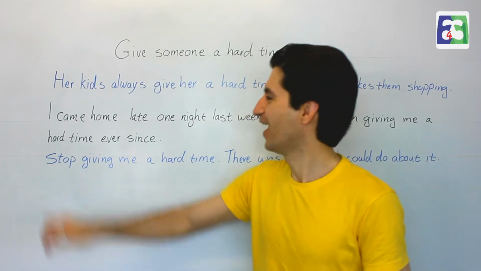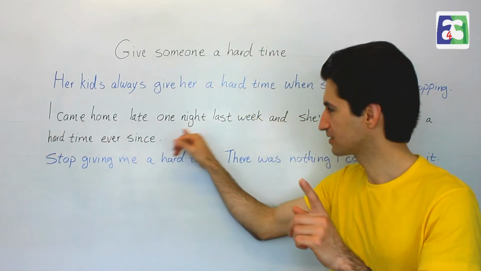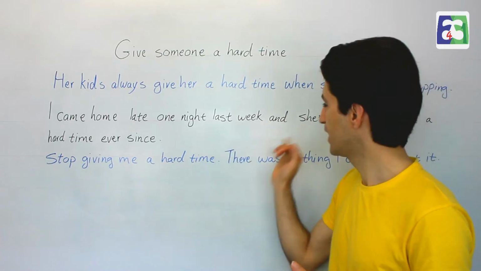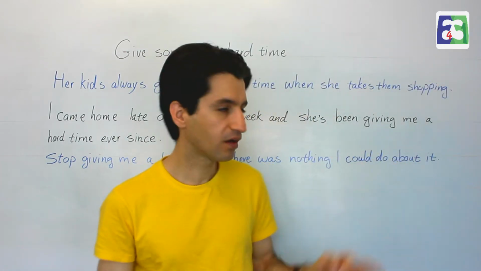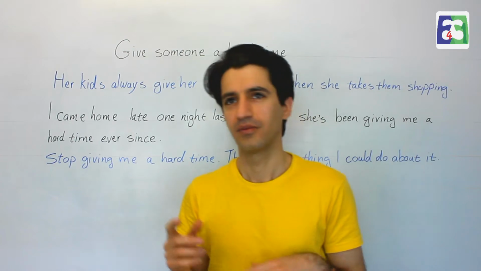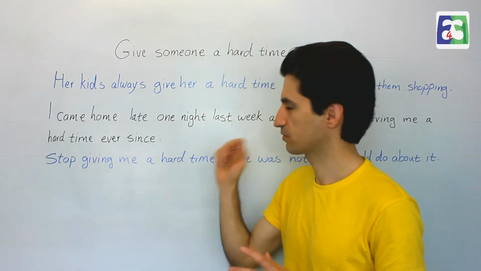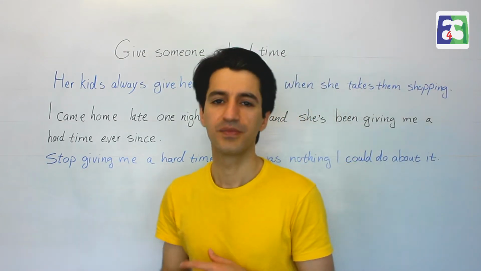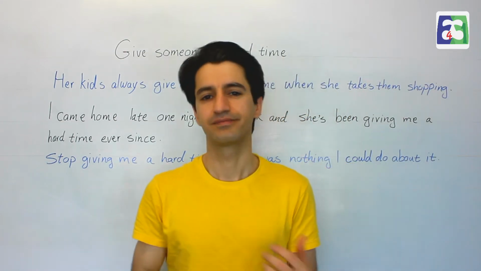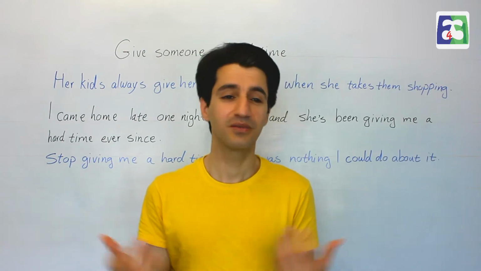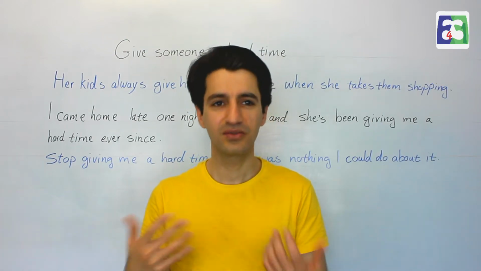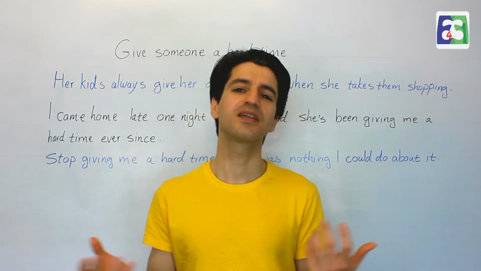Okay. I came home late one night last week, and she's been giving me a hard time ever since. Means I was late one night last week, and from that night, she always tells me, okay, no, you can come late, it's okay, yeah, you're always late, you're always coming late.